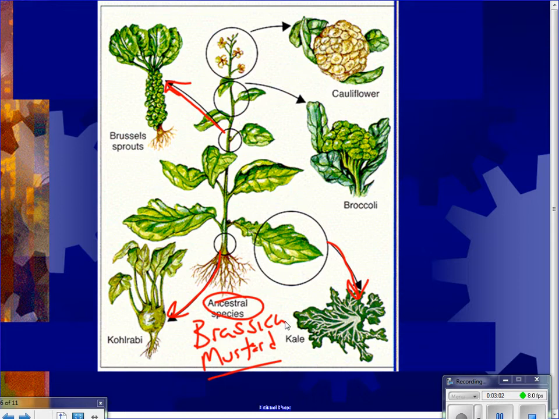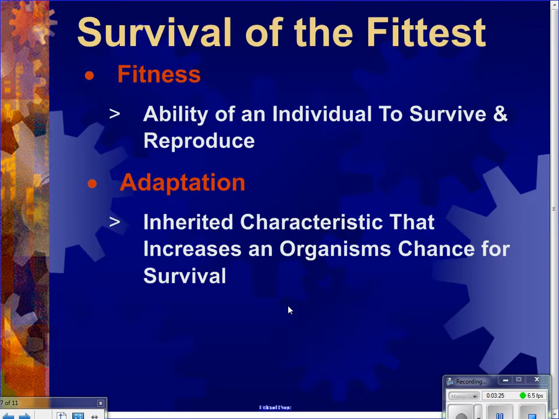And the head arrangements, the floral arrangements, have been altered to make things like cauliflower and broccoli. And so this is an example of artificial selection. All of these organisms come from one common ancestor that we have engineered. Nature provided the variation, but we select for the traits that we're looking at.